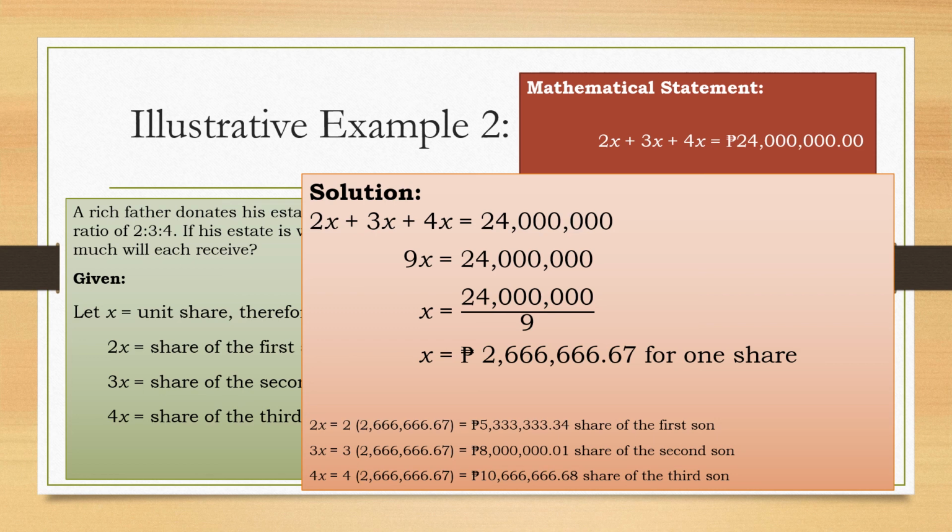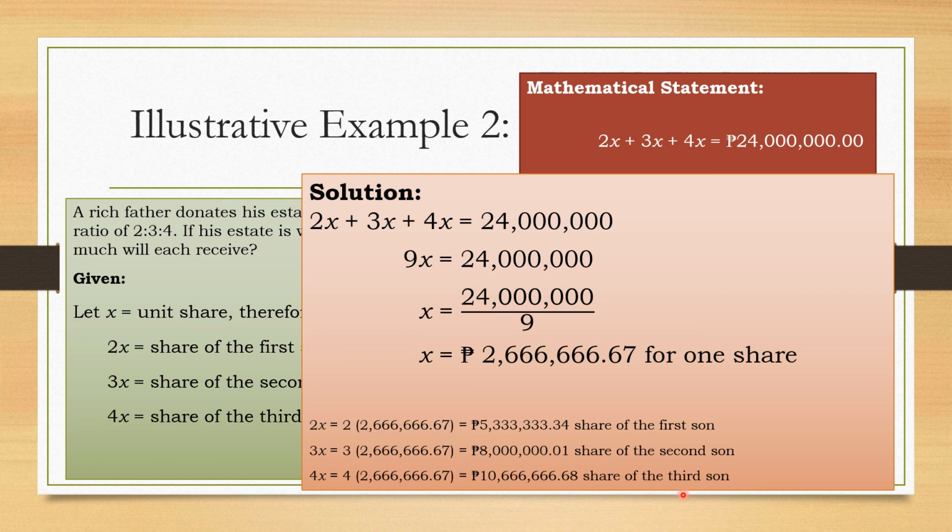That will lead to 5,333,333 and 34 centavos. And also for the second son, he will get 8 million pesos, and the third son will get 10,666,666 pesos and 68 centavos.